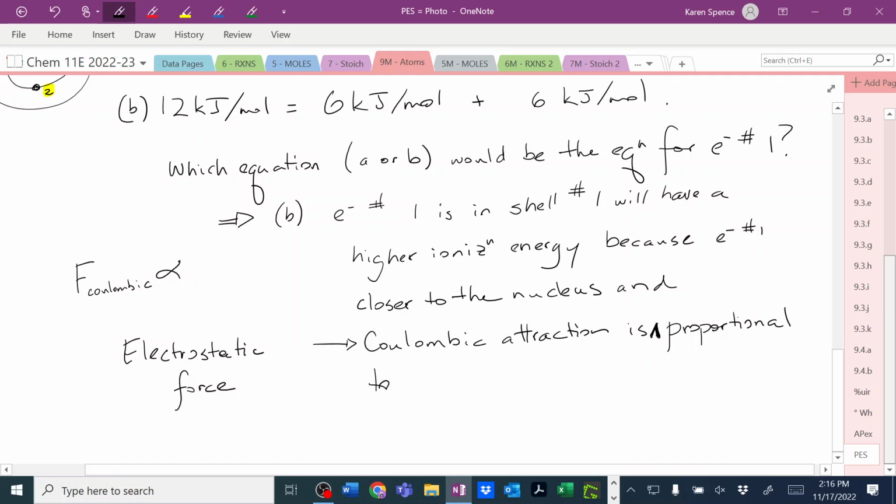Which one, directly or inversely? What am I looking at here? I'm looking at closer to the nucleus, so I'm looking at the distance between the charges, yes? Yes, is inversely proportional to the distance between the charges.